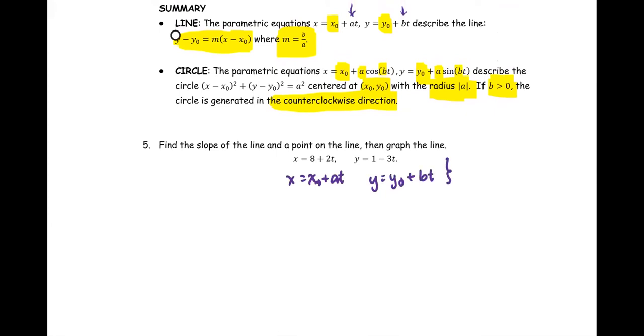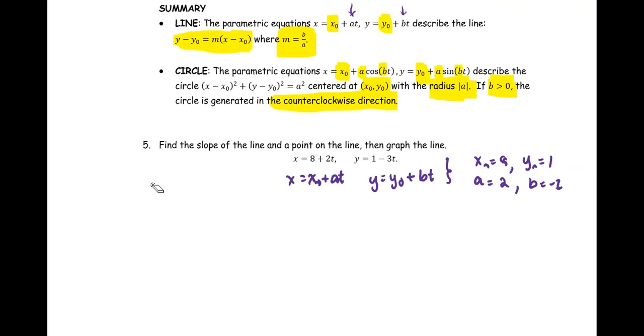With this form, we know that x0 is 8, y0 is 1, a is 2, and b is negative 3.